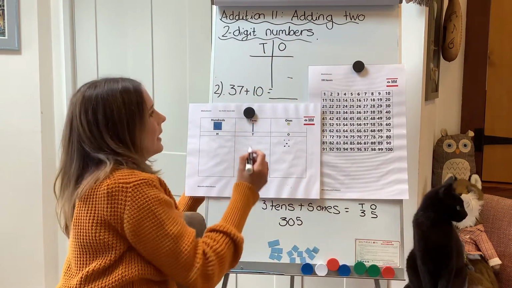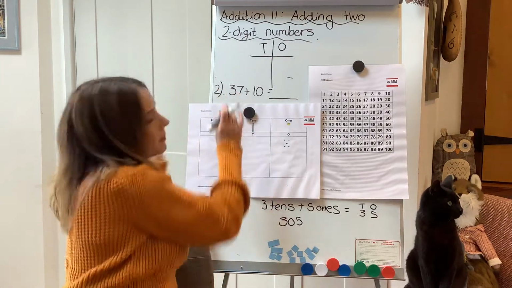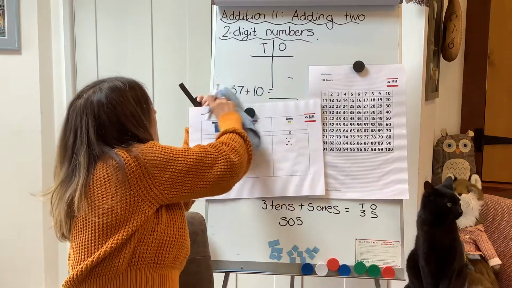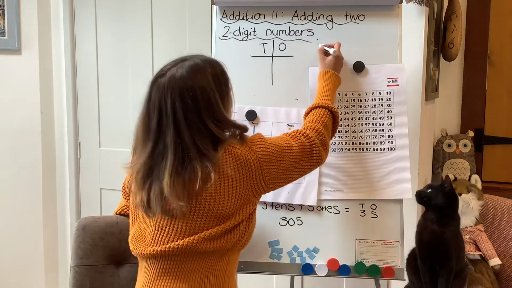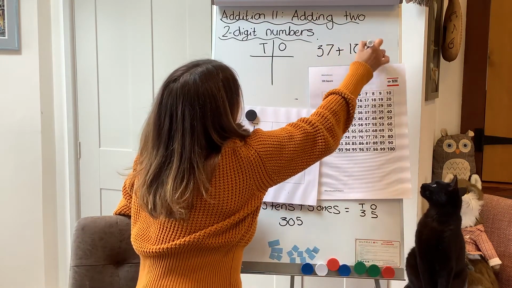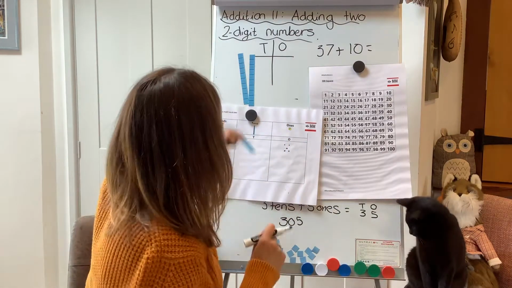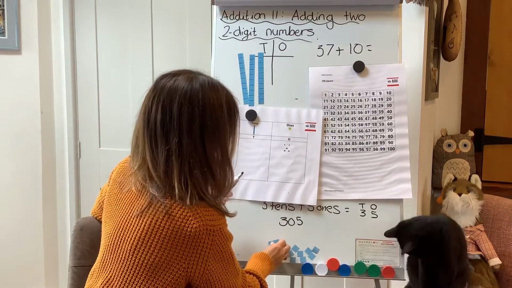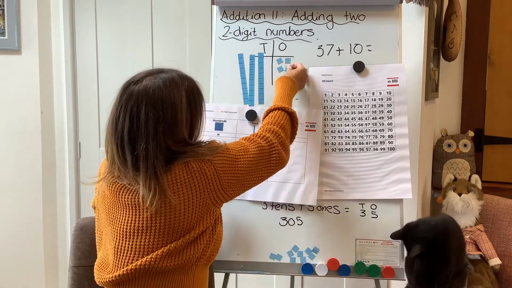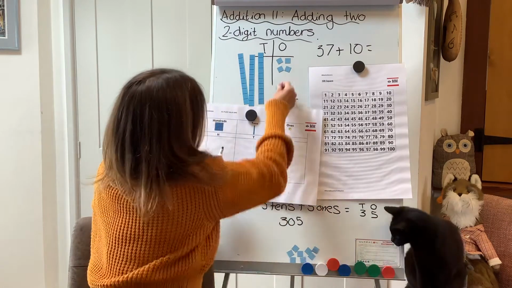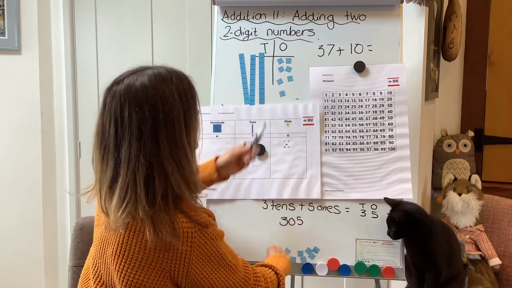So 37 add 10, we can put on our 3 tens and our 7 ones, and we can add 10 on.